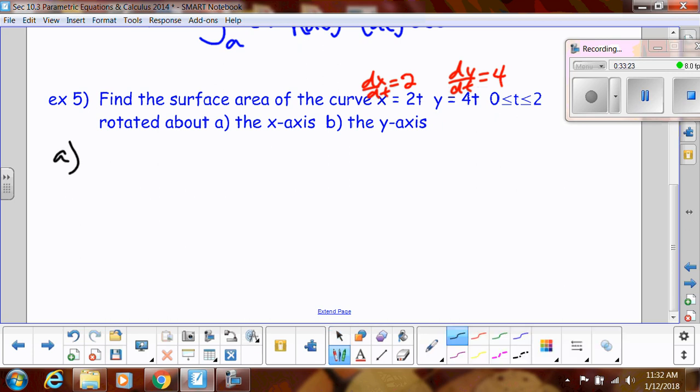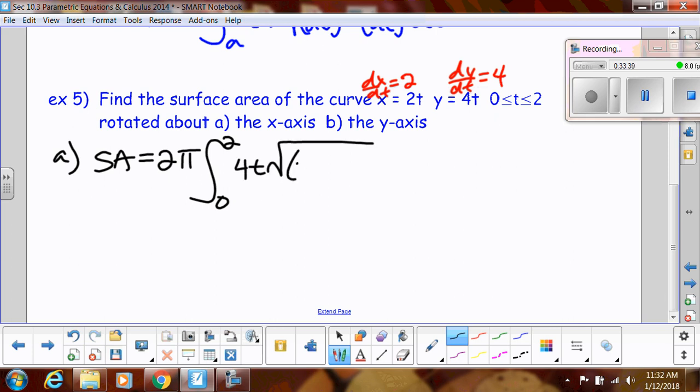So for part A, our surface area is 2 pi from 0 to 2. Remember we said if we're going around the x-axis, we're using our y component. All right, our vertical component is our radius, so that's 4t times the square root of 2 squared plus 4 squared dt.